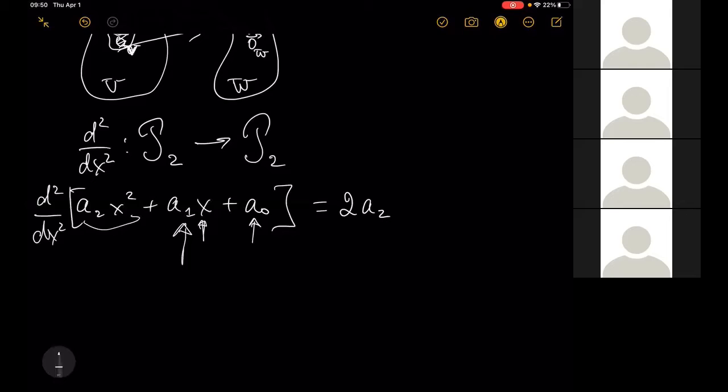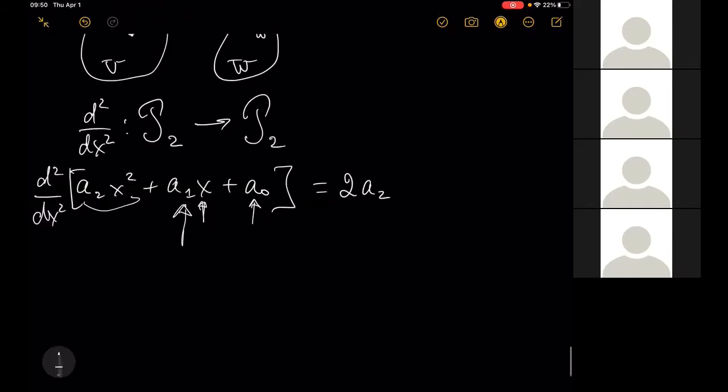Clear. Okay, so as a result, could you tell me what will be the null space of the homomorphism corresponding to the second derivative? Have a look here.